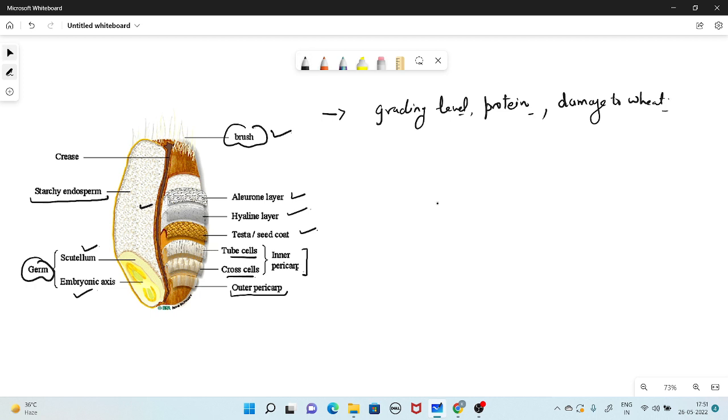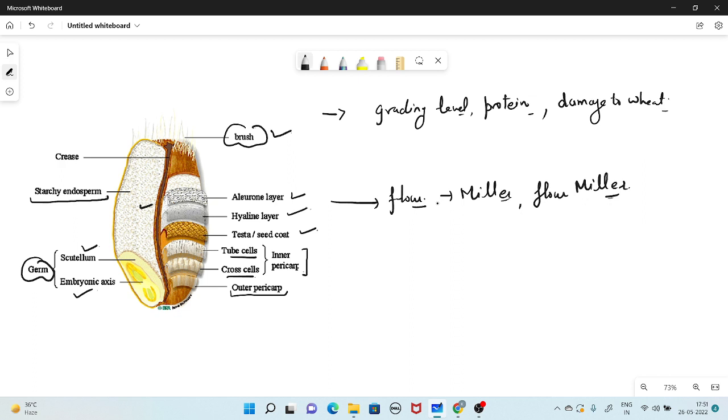The person who changes the seed into consumable flour is called the miller, and sometimes the flour miller. Its function is to reduce the size of the seed grains into flour particles, right?